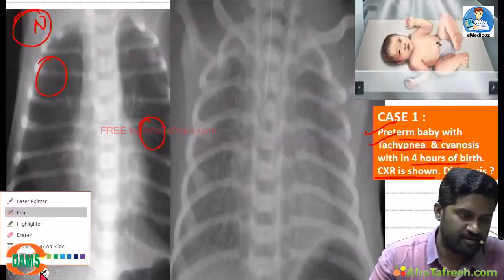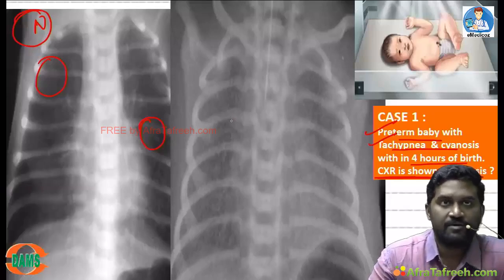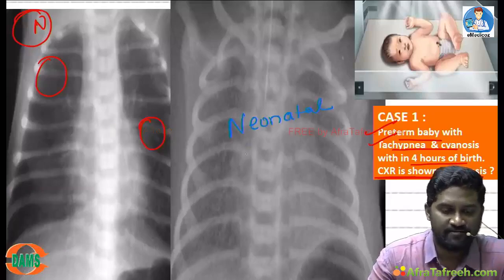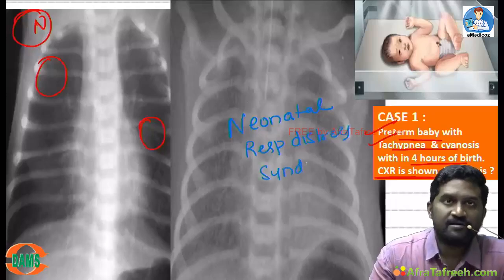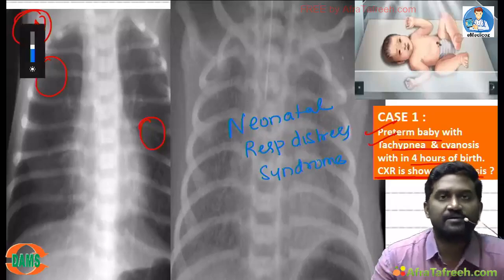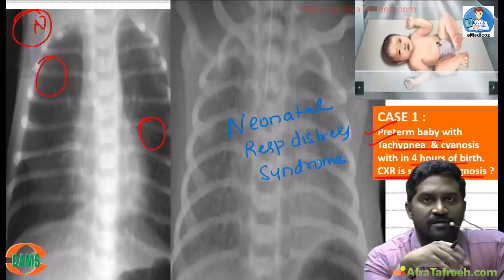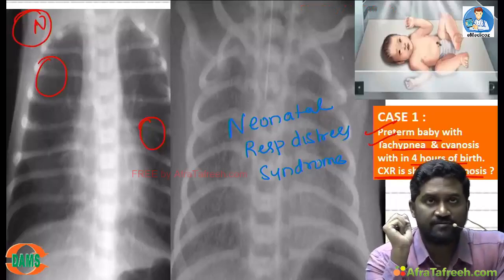So what might be the reason? Surfactant deficiency. And what will be your diagnosis? It is a case of neonatal respiratory distress syndrome. Or they can modify the question and ask you, what is the reason behind respiratory distress? Then your answer should be surfactant deficiency. These are some examples of clinical scenario based questions.